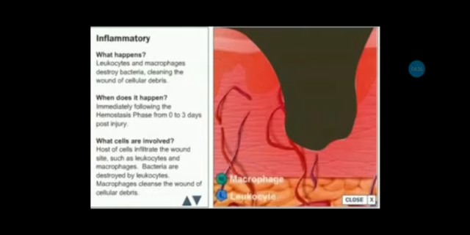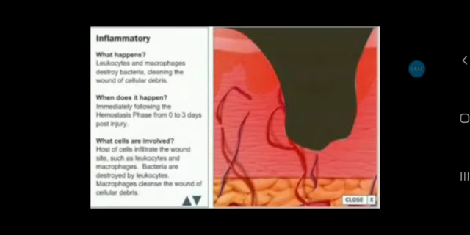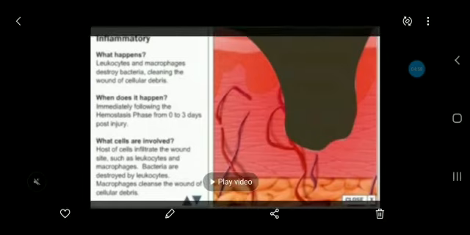In this phase the leukocytes, also known as white blood cells, come to that area in order to clean the wound of bacteria. In an open wound there is a chance of bacteria entering, so the leukocytes come and destroy that bacteria and clean the wound so that it heals faster.